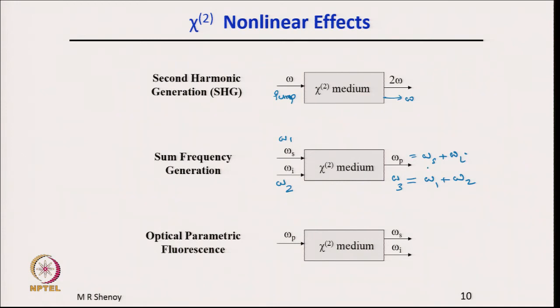But if we look at the reverse process, that is, if we had an input which is omega 3, then an interaction with the medium can result in the generation of the two frequencies omega 1 and omega 2, and this is called optical parametric fluorescence. So, all these effects are possible due to the chi 2 nonlinear effects.